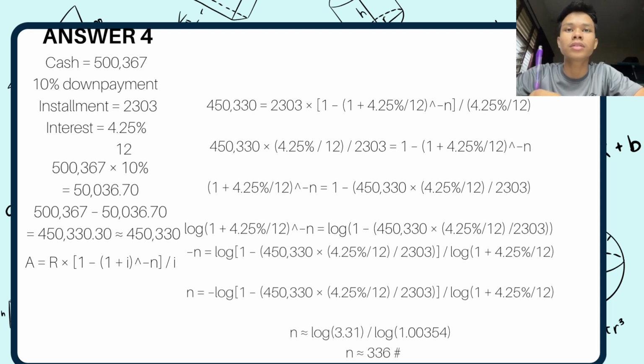Take log: log bracket 1 plus 4.25% over 12 bracket to the power of negative n equal log bracket 1 minus 450,330 multiply 4.25% over 12 over 2,303.